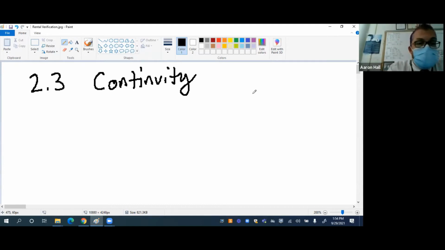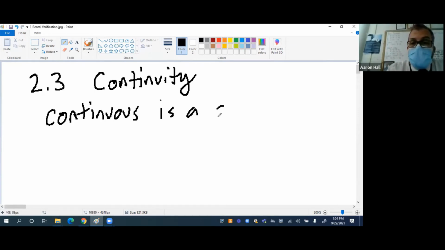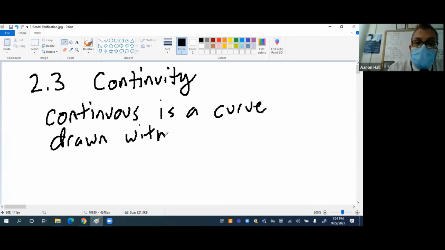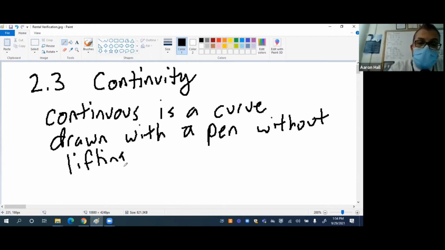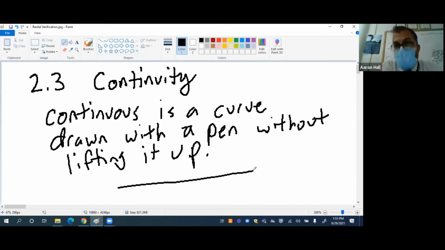So continuous is a curve drawn with a pen without lifting it up.